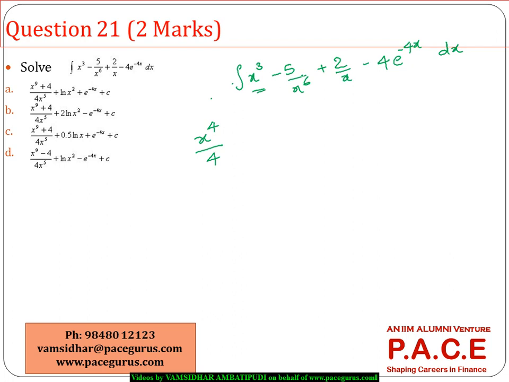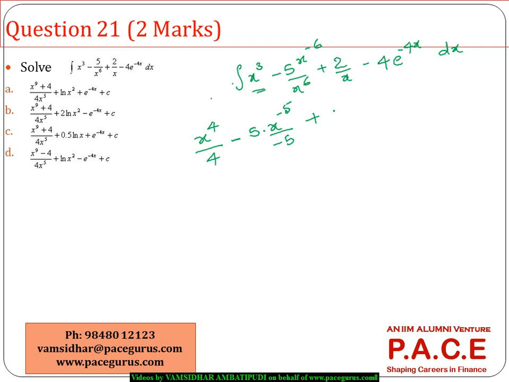This also I can write as 5 into x to the power of minus 6. So again this will be of the same case: 5 into x to the power of minus 6 plus 1 by minus 6 plus 1, which is minus 5. Be careful about the plus and the minus signs.